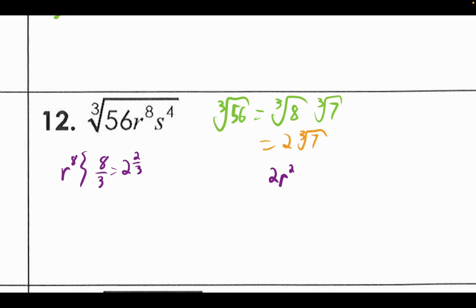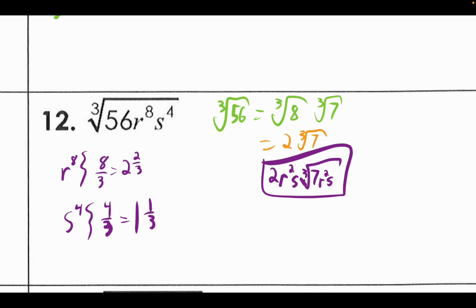Then s to the 4th will be 4 divided by 3, exponent divided by index, which 3 goes into 4 once, with 1 remaining. And so it'll be s to the 1st outside the radical. Inside the cube root or the radical will be the 7 from earlier, the r squared, and the s to the 1st.